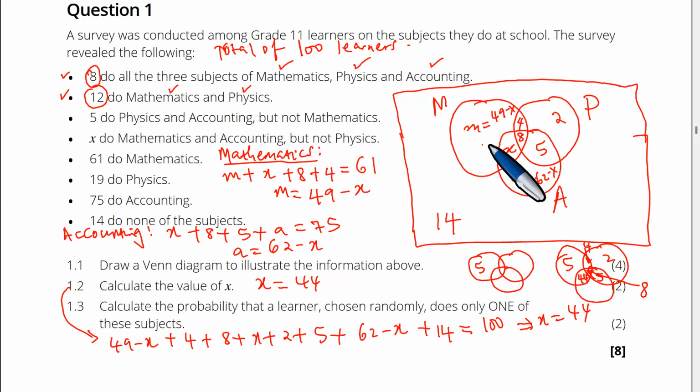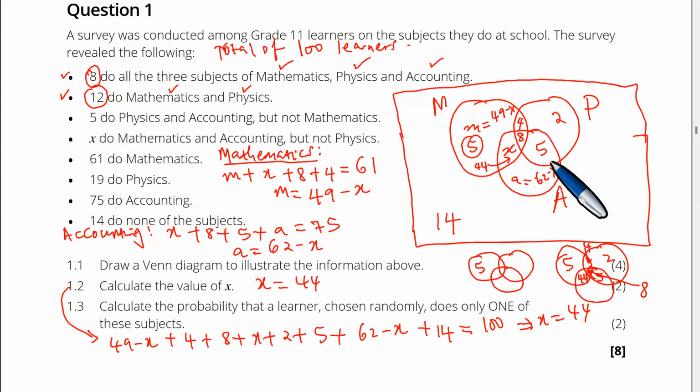Okay, let me just put the numbers in the diagram, and then I'm going to put them in circles. So I'm going to say 49 minus 44, you're going to get a 5. Let's put the 5 in a circle. And then here you're going to put the X. So the X is what? It is 44. So it's sitting there. And then here you have 62 minus 44.